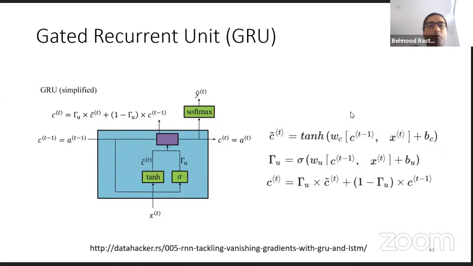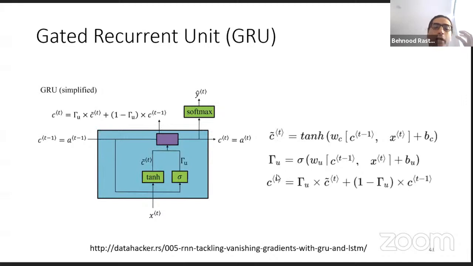And so for GRU, we have a new variable called CT, which stands for the memory cell. So basically, we have a candidate called C tilde to replace CT.